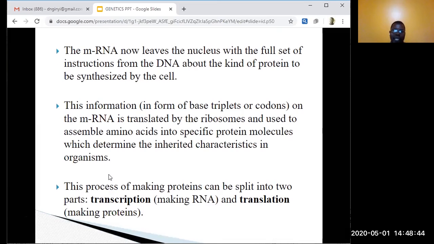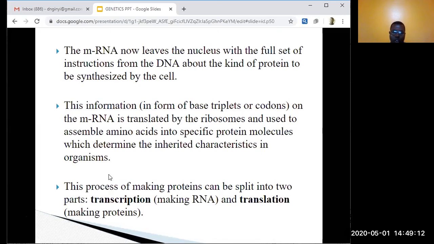Once the messenger RNA is formed, it goes out of the nucleus with all the coded information or instructions. Remember what we said a few minutes ago about the triplets or codons on the messenger RNA. Hope you can see that.